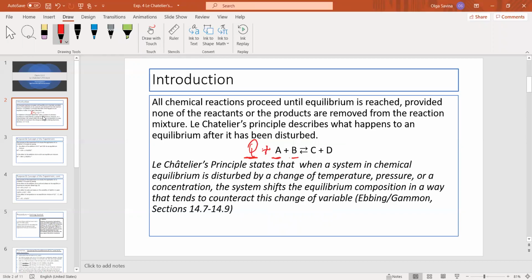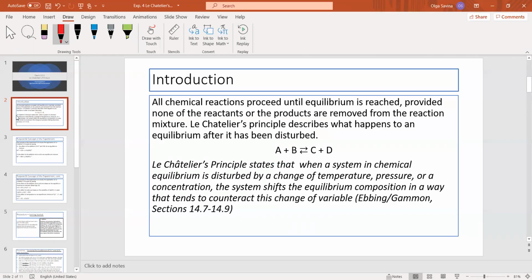If we apply heat, the equilibrium will be shifted towards the product. If we remove heat, what will happen? If we remove heat or cool down our mixture, the equilibrium will be shifted to the left, towards reagents. This is how we can adjust our mixture and get more product.